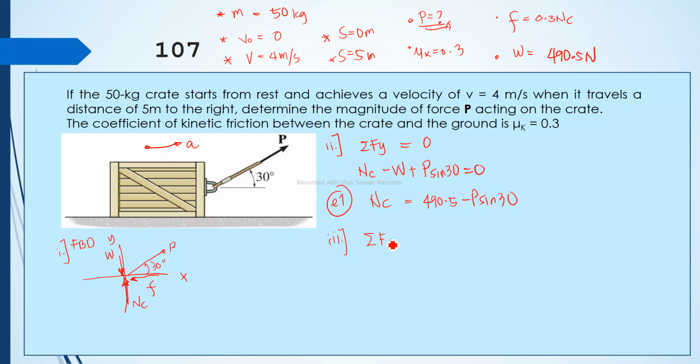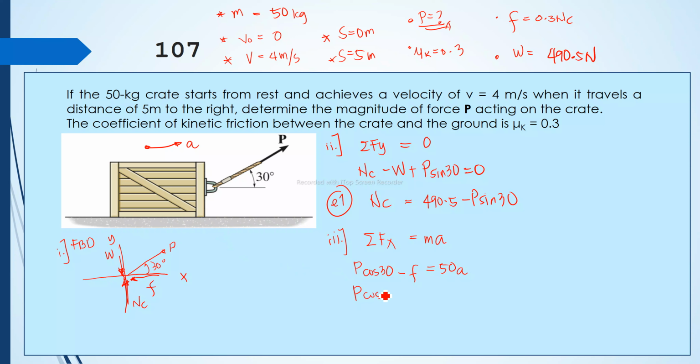We sum forces along x equal to mass times the acceleration. Forces acting along x, we have P cosine 30 minus the frictional force equal to 50 times the acceleration. We substitute our frictional force.